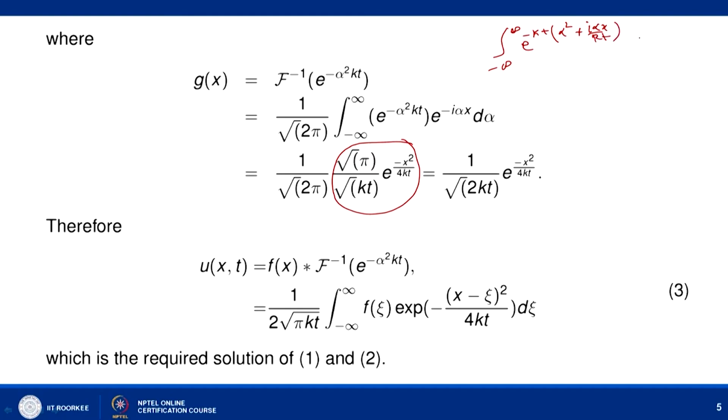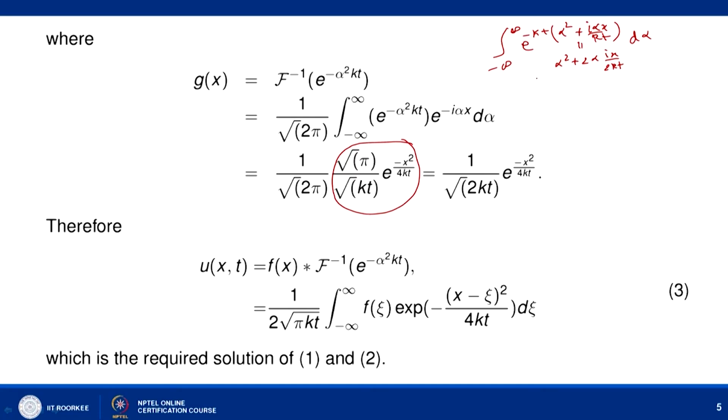So, we can write it like this and d alpha. So, to solve this, let us make the perfect square here. So, I can write this as alpha square plus 2 times alpha i x upon 2 k t, right.